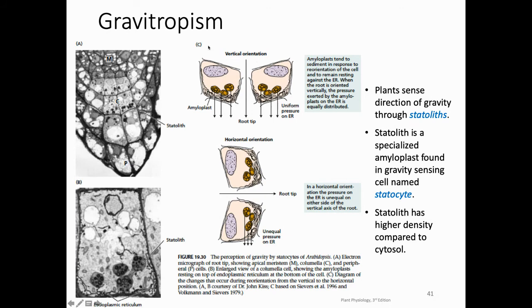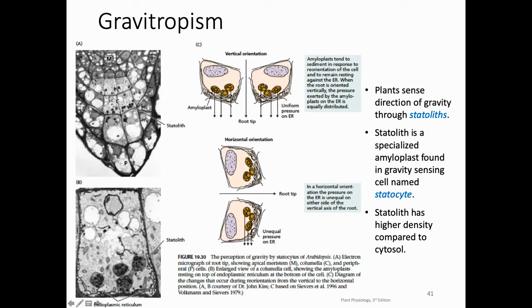Here at the root tip, in the vertical orientation, the starch granules sediment at the bottom side of the plant cells, and you can see that these lines are actually endoplasmic reticulum, or ER.